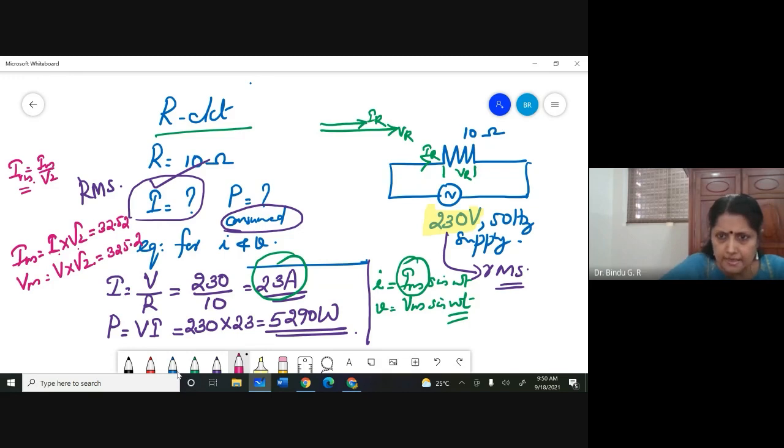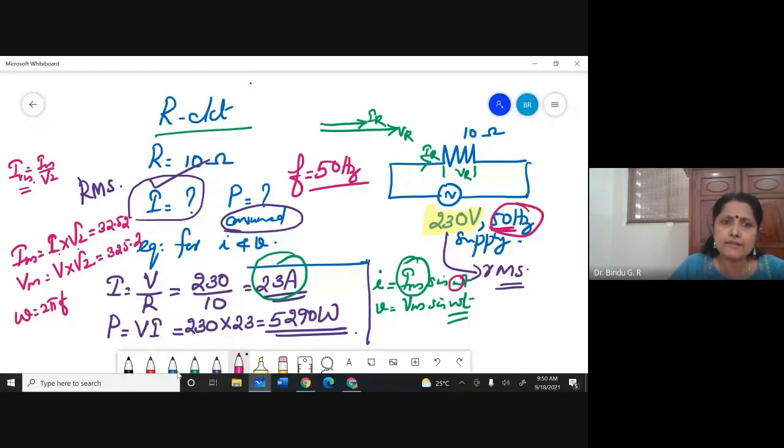And then another thing that you want is omega. Omega is equal to 2 pi f. F is given in the question as 50 hertz. Sorry, I forgot to give you that. Okay, that is given, it is already written there. So 2 pi f will be 2 pi into 50, that is 314.